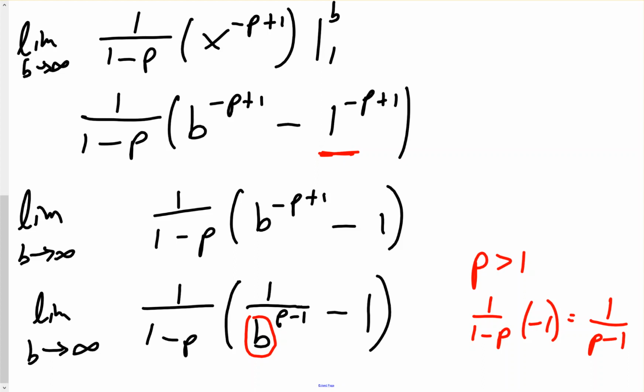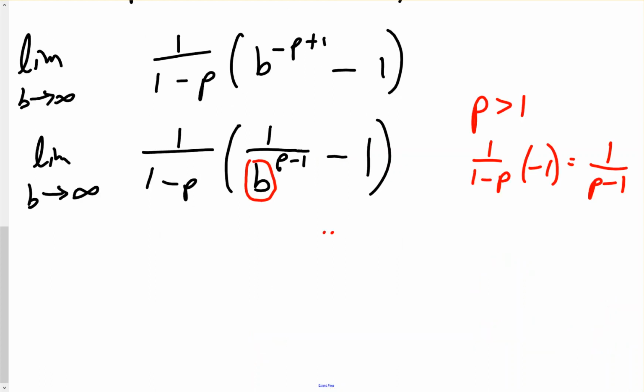Okay, so that's what happens if p is greater than 1. So it would converge to this scenario. And then if p is less than 1, think about that part, we end up with, let's say p is 0 here, we would get infinity to the negative 1.